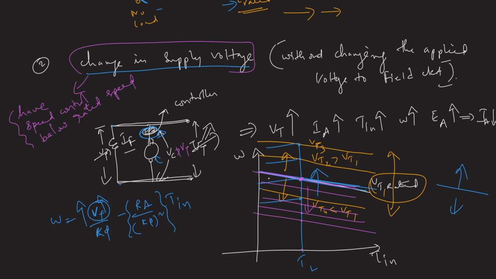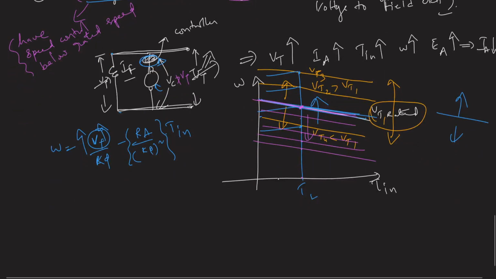Now coming to the third method, which is not so common, I'll draw here itself. Okay, so simply put armature resistance. Simply insert external resistance in the armature circuit, right? So I am going to now vary this component in this equation.